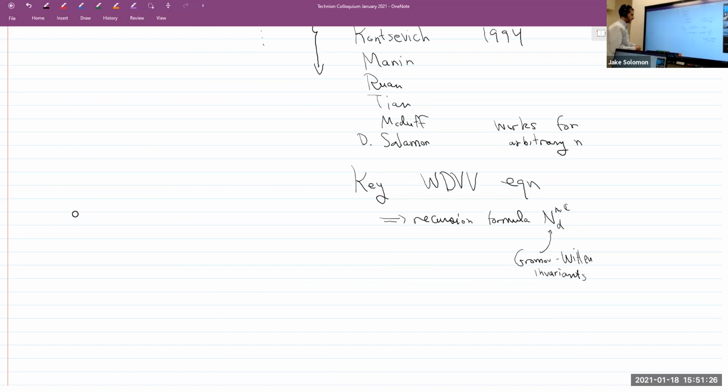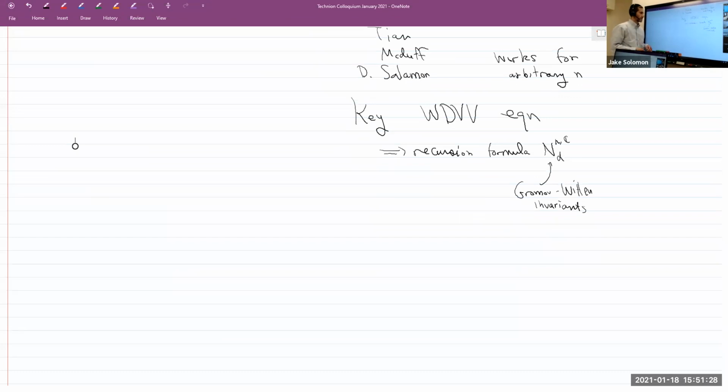Okay, so maybe when I say Gromov-Witten invariance, you ask, what do you mean, invariance? This is an important point to make here. It's not entirely obvious, though it's not super hard to see.